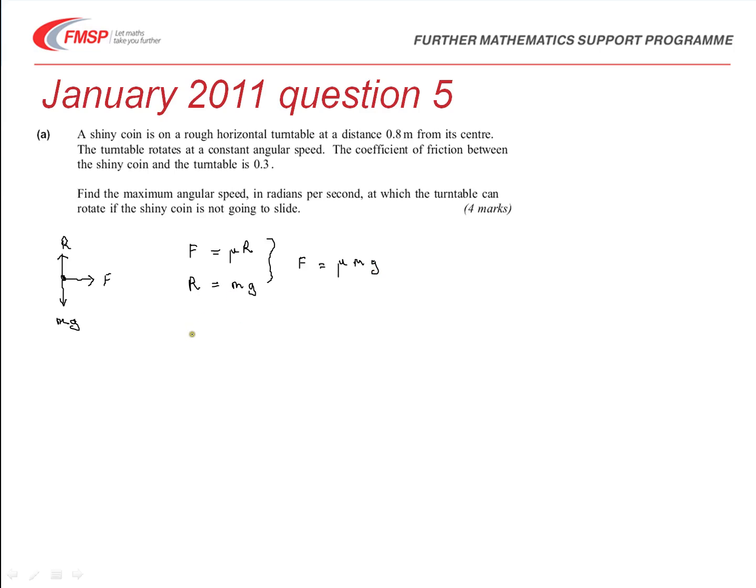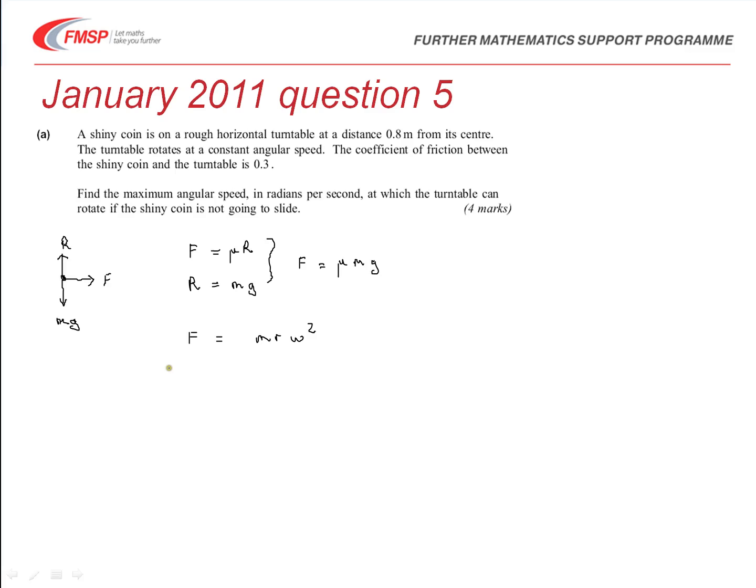So we therefore know that the frictional force must also be equal to m r omega squared, the force towards the centre of the circle that is maintaining the coin in circular motion on the turntable.